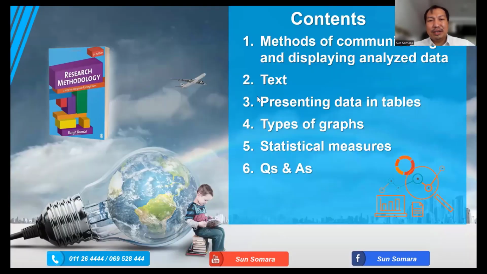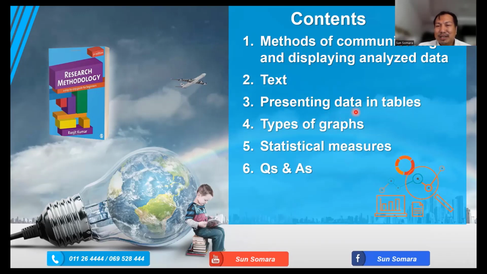Here there are 6 things that we are going to talk about this afternoon. The first one is methods of communicating and displaying analyzed data. So what are the ways that we can communicate and display the data? Then text: how can we show and write something or display the data as text?